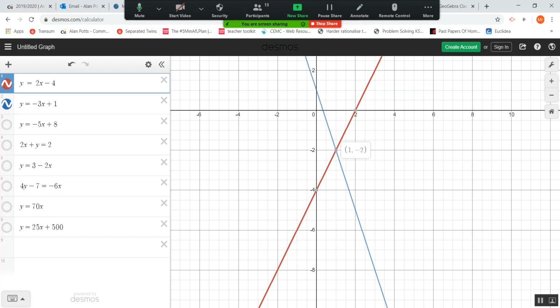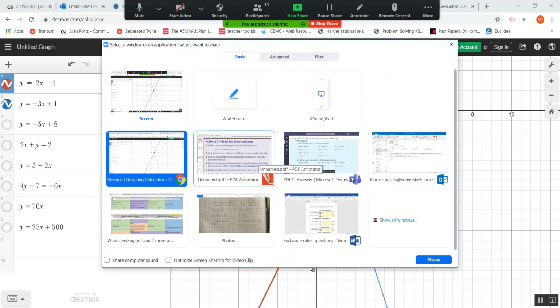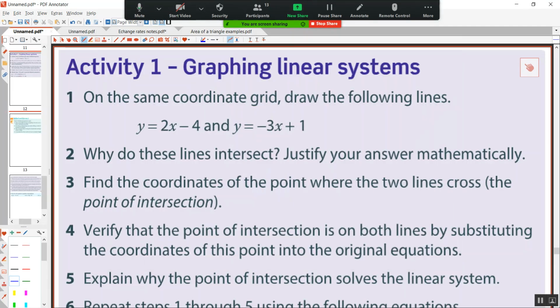So what does that point mean again? Okay, and when you say it works for both equations, what do we mean by that? So we've got 1 and -2. So let's go back when it says, why do these lines intersect? Justify your answer. Let's talk about find the coordinates, verify that the point of intersection is on both lines by substituting the coordinates.